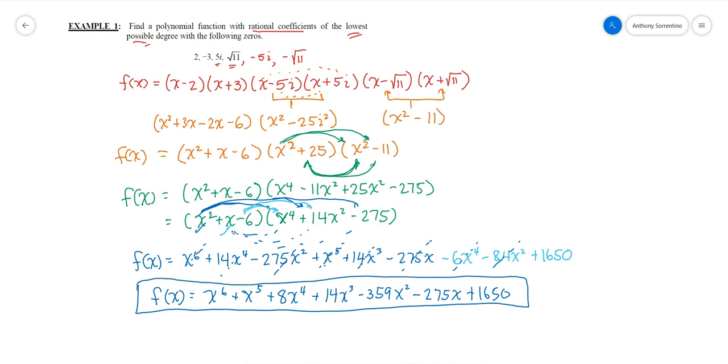The other possibilities would just be multiples of this. I should expect to have a 6th-degree polynomial because I've defined it as having 6 zeros. Could it have more? Yes, but we were working under the assumption we wanted this to be the lowest degree possible, and if I made it any higher degree, it's going to have more zeros, or I'd have to put multiplicity on some of these, but that's also going to make the degree higher.